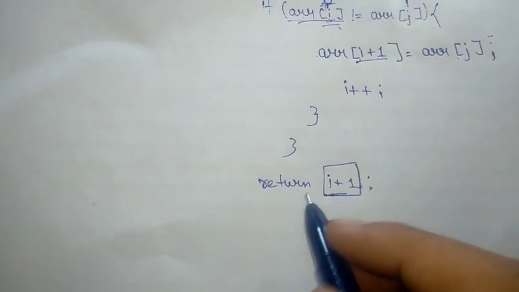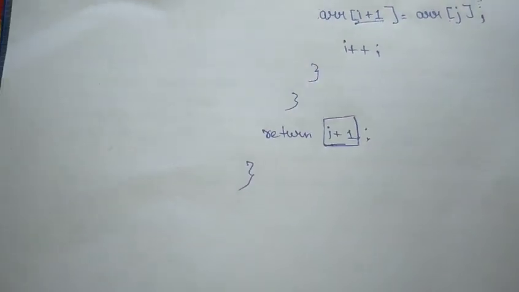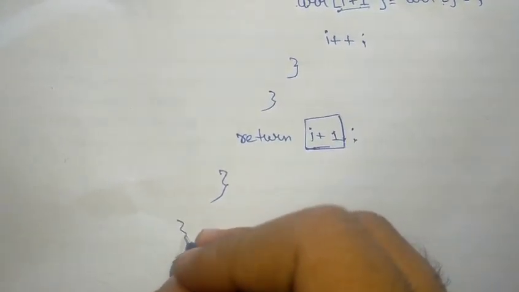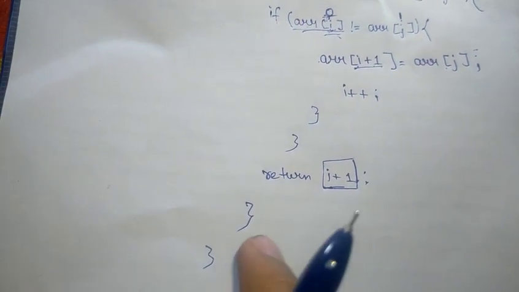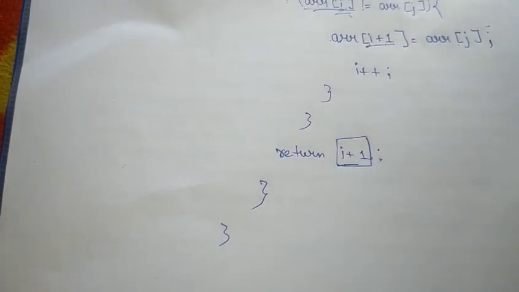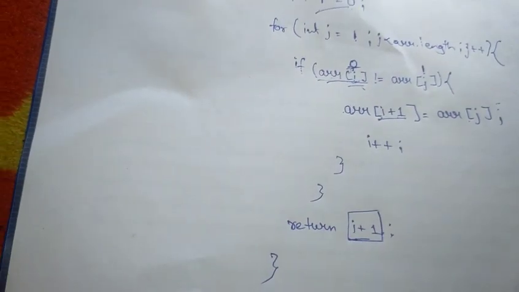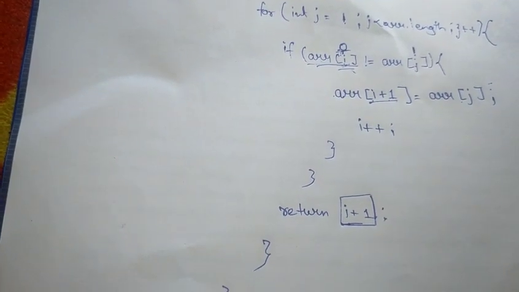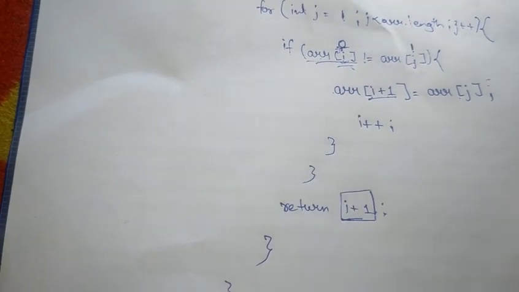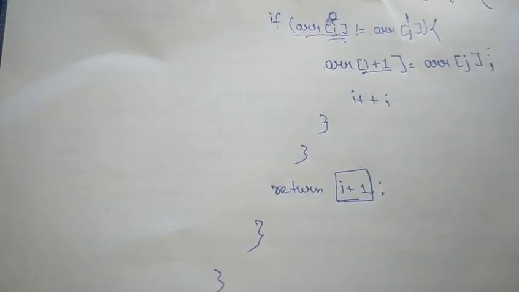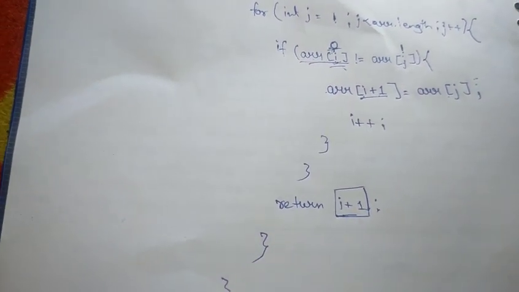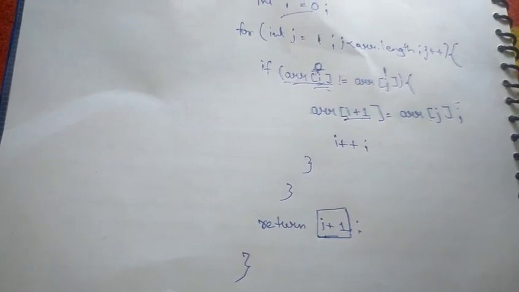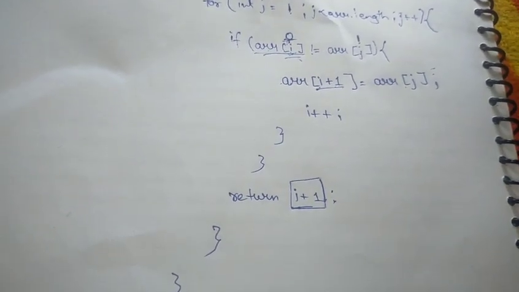Here we are going to print our array. Through that, we remove the duplicate elements. Now we have one doubt: what happens if the length of the array is 0?